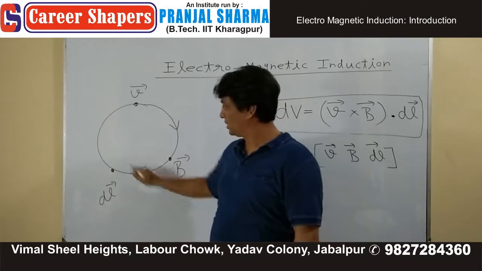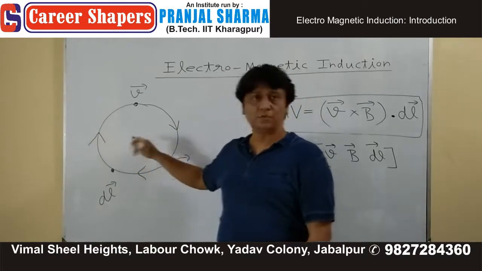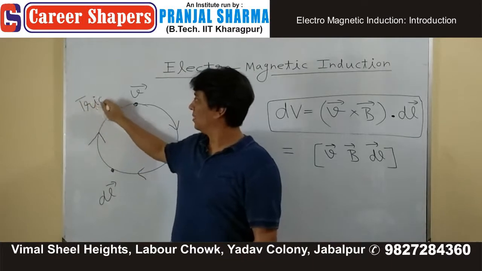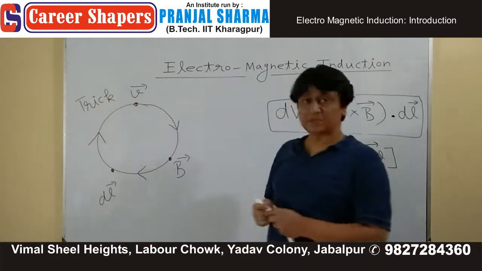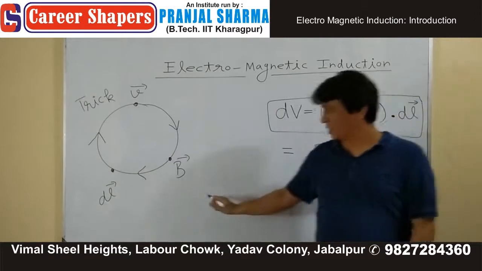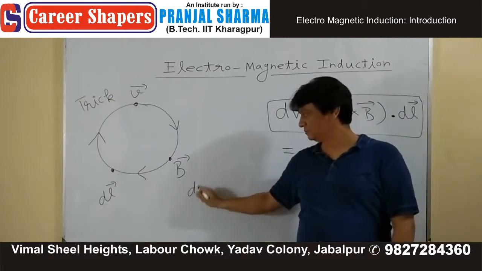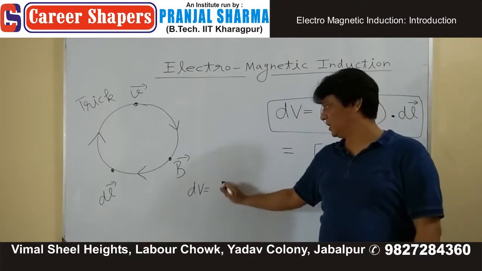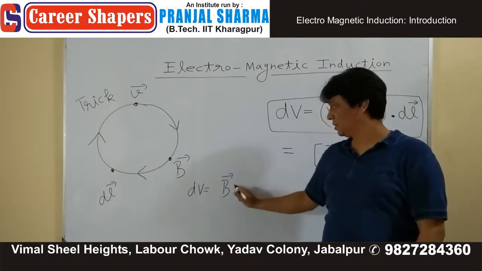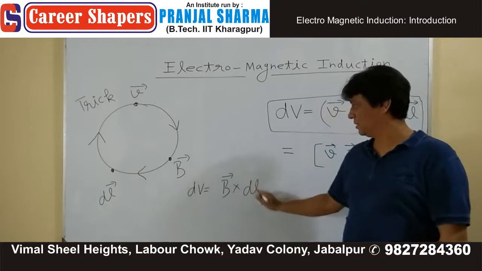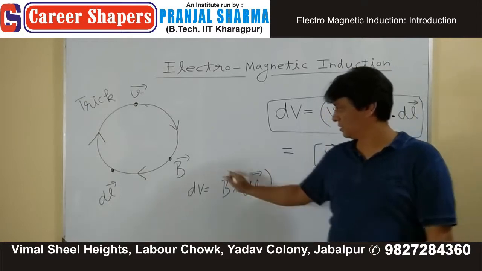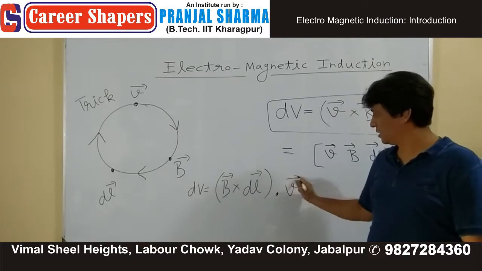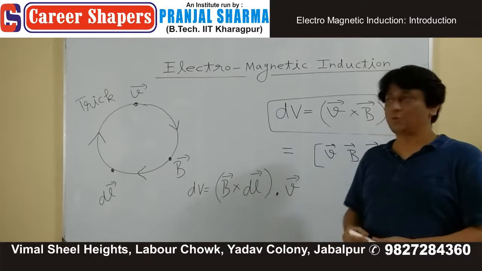And you can show this arrow. This is the trick. The trick says your dV is also B cross dl dot V. Look what happened.